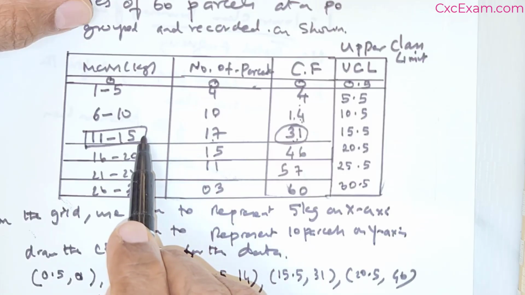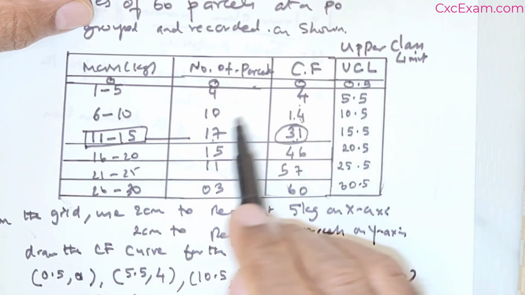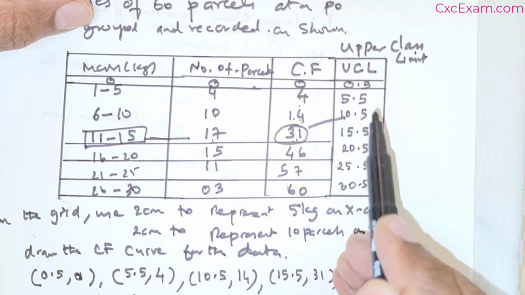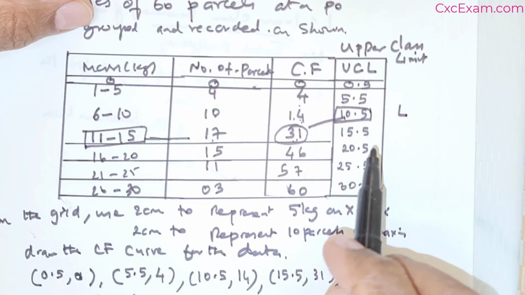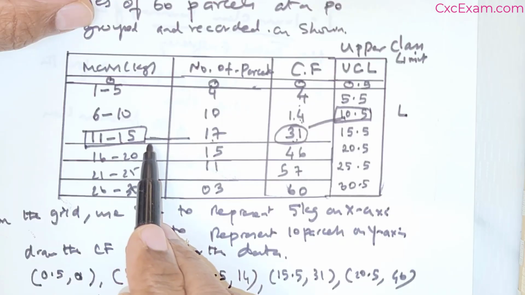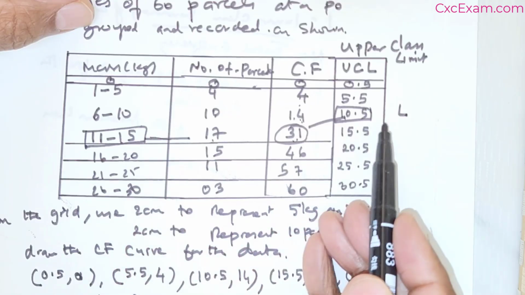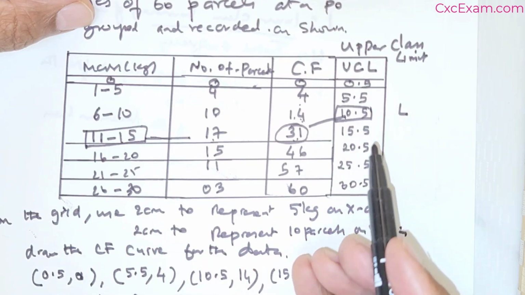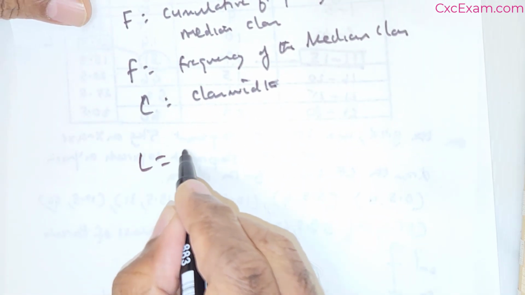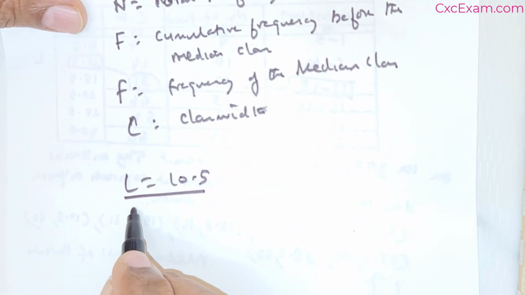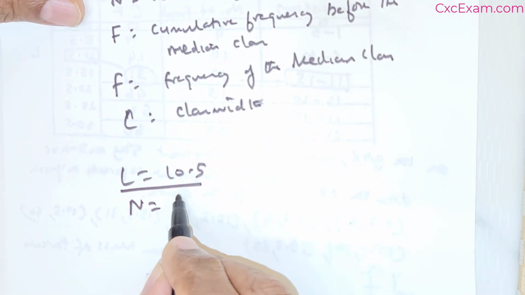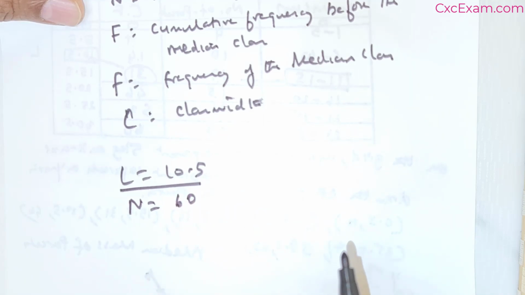Okay, but since it is a lower class limit, we go to this value and take that as our L. And why? Because it is the lower class limit. So in this case, L is equal to 10.5.